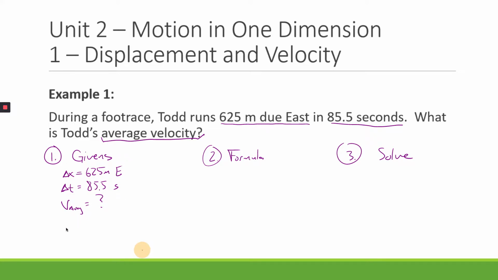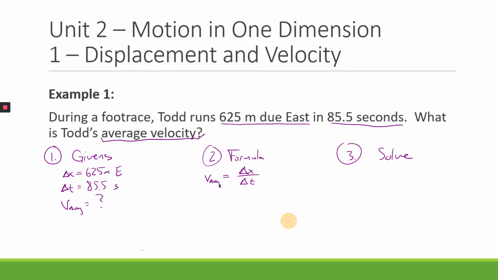Now, the easy part, you look at this given information and you say, do I have a formula that has these 3 things in it and I can solve for V average? And the answer is yes. We got really 2 formulas right now. It's not hard to pick the one we want. So V average equals delta x over delta t. Okay, beautiful. Now you're going to solve that. So you're going to plug this given information into this formula.